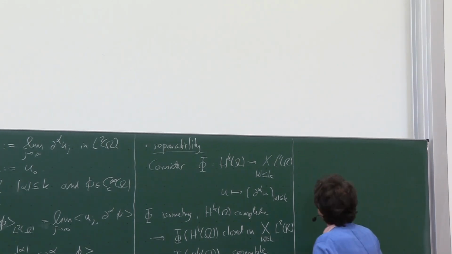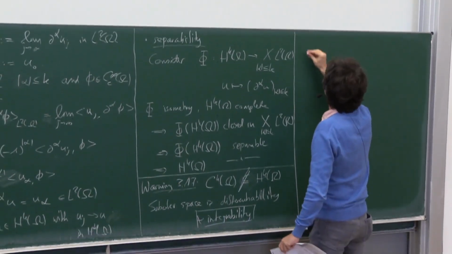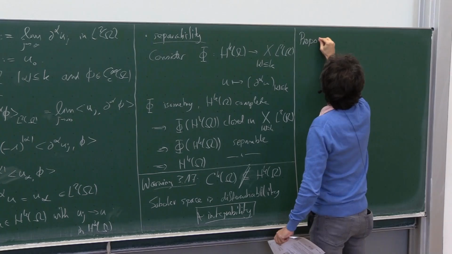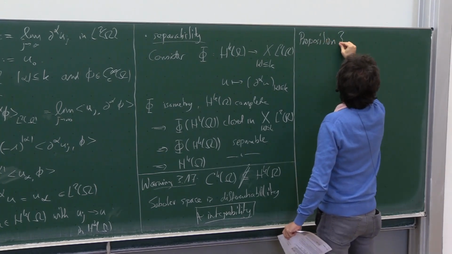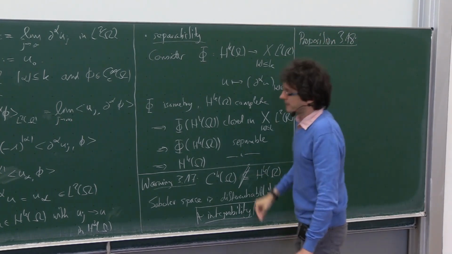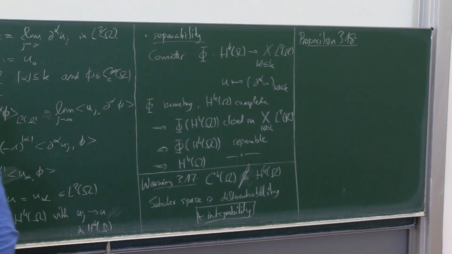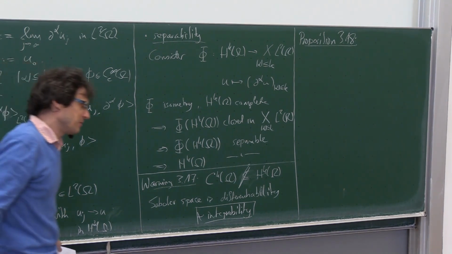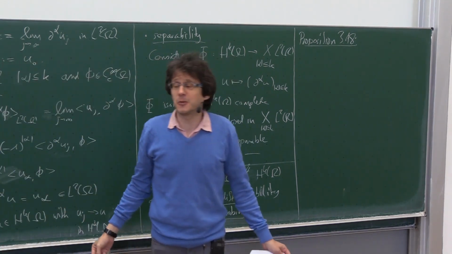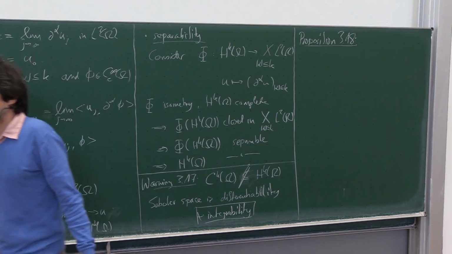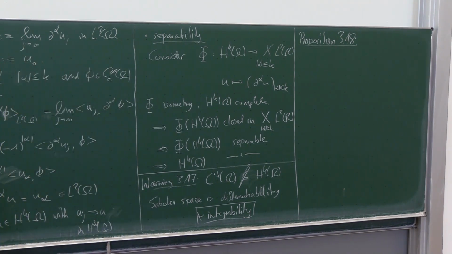Okay. So let's check some more properties of these Sobolev spaces. And when you have a new function space, one of the important things to ask always is, are there nice smaller function spaces that are dense?